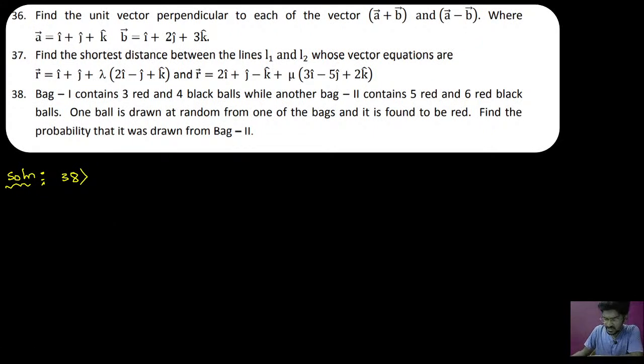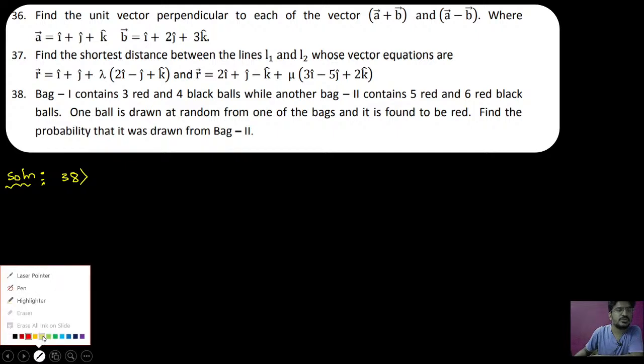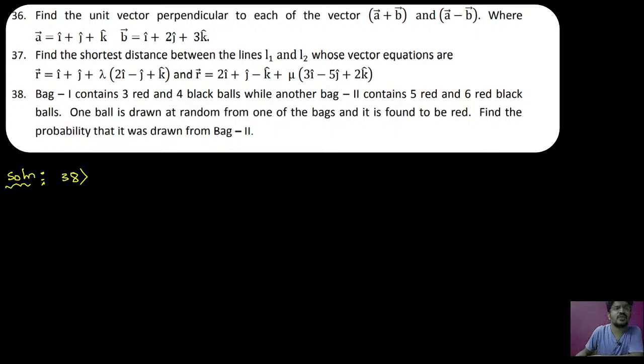In problem number 38, what is the problem? Bag 1 contains 3 red balls and 4 black balls. Bag 2 contains 5 red balls and 6 black balls. One ball is drawn from one of the bags and it was found that it is red.